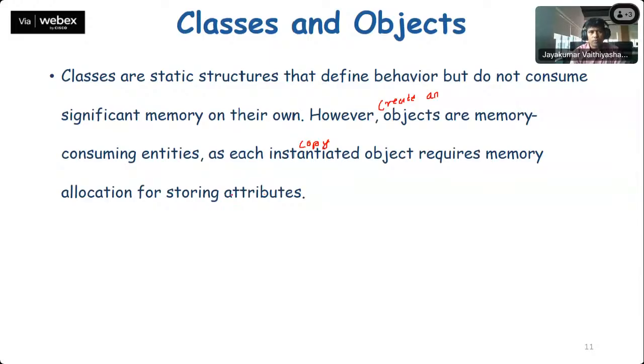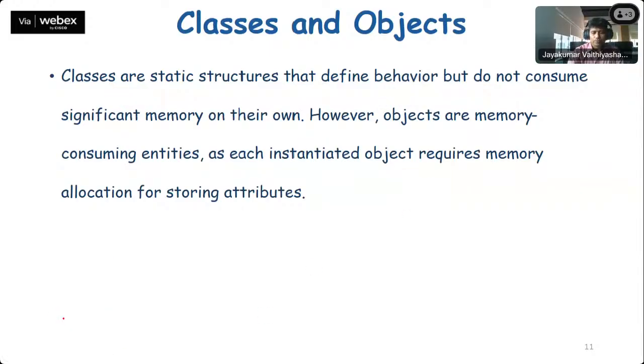So this is what it means: classes are static whereas objects are dynamic. In nature, dynamic elements, dynamic simulation or dynamic interaction are very complex and very difficult to manage.